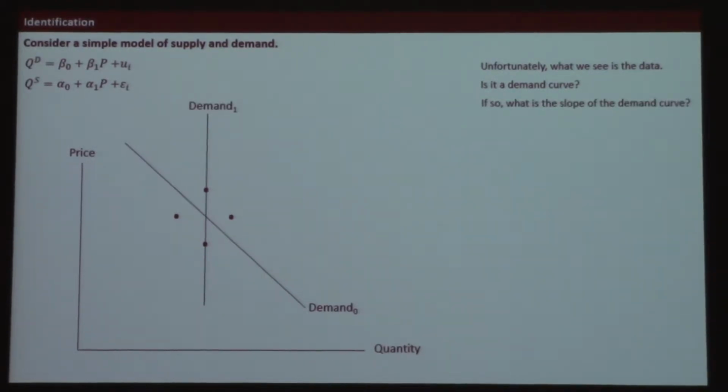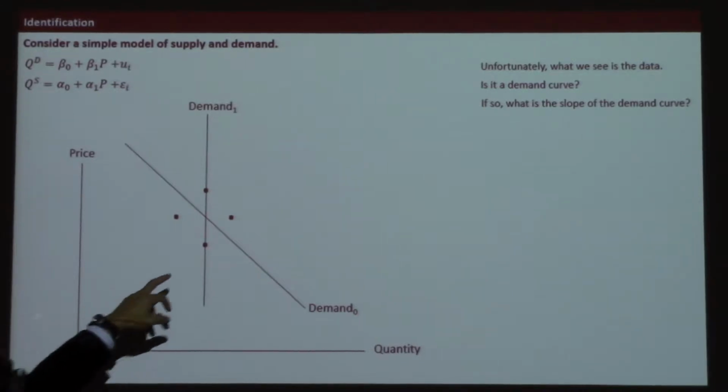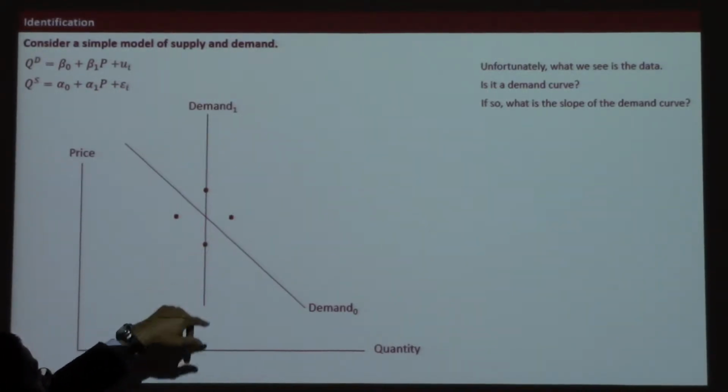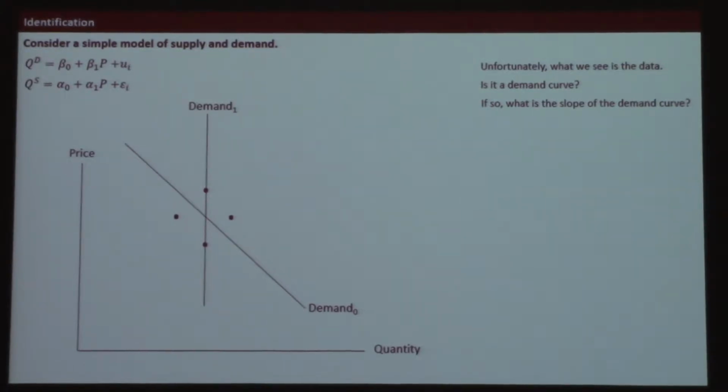How about that one? Could that be a demand curve? Sure. Look at it. We've got 0 deviations for 2 points, and for the other 2 points, we're going to have some distance from there. But that demand curve 1 could just as plausibly be the correct demand curve as demand curve 0.